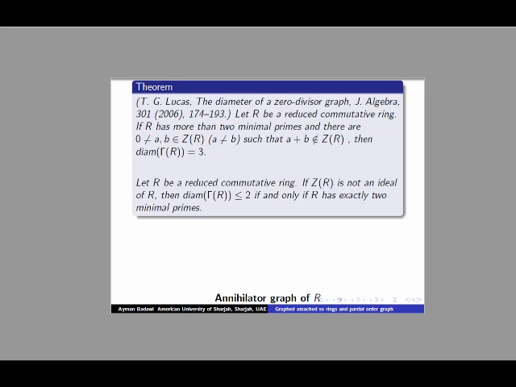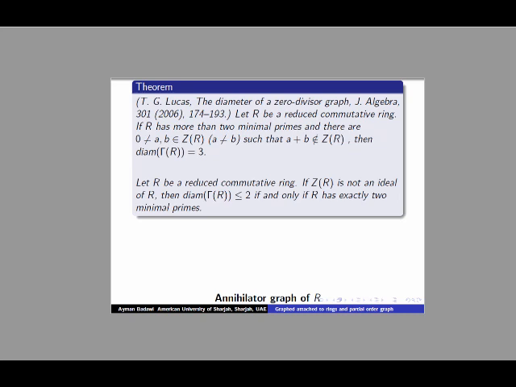So in this case, the distance will be 2. Okay, and the diameter is the maximum of all distances. And the theorem says that the diameter cannot be more than 3. So the diameter is either 1 or 2 or 3. Okay?